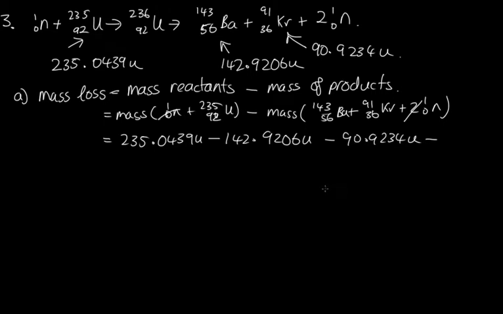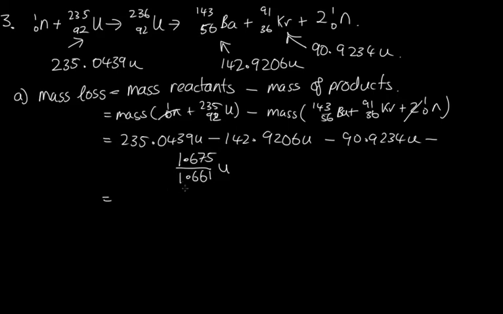We're given that at the front of the tutorial problems as 1.675 times 10 to the minus 27 kilograms. To get that into atomic mass units, we need to divide it by one atomic mass unit, which is 1.661 times 10 to the minus 27 kilograms. So the 10 to the minus 27 will cancel each other out.